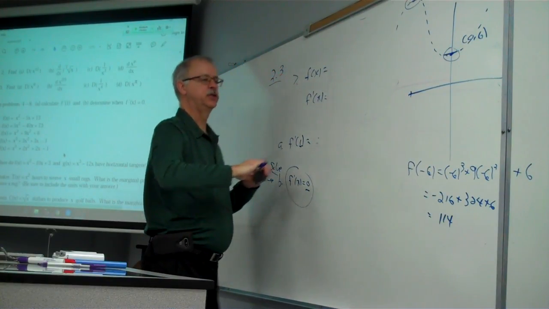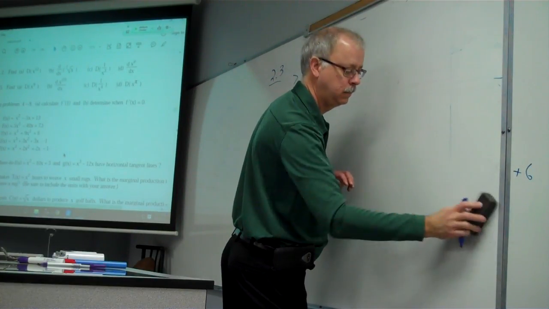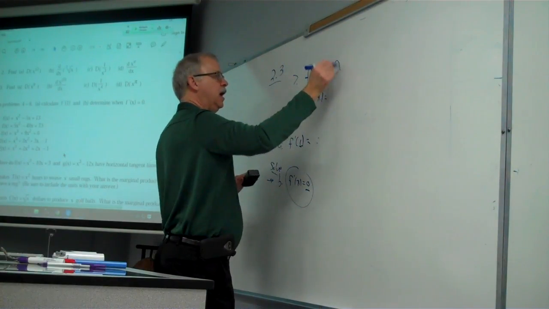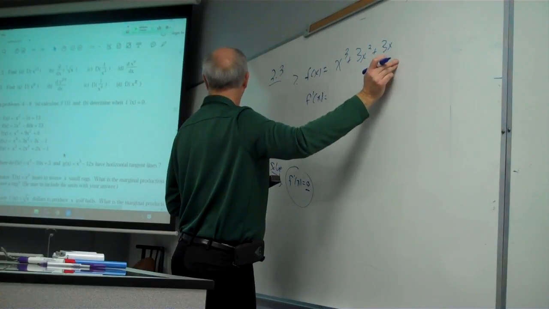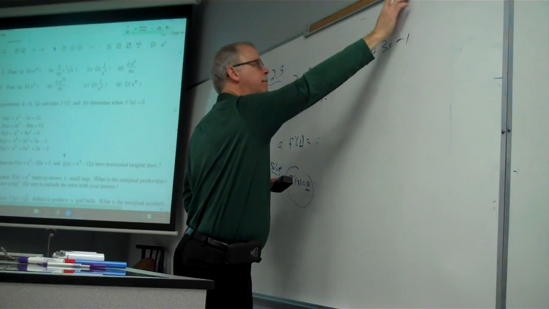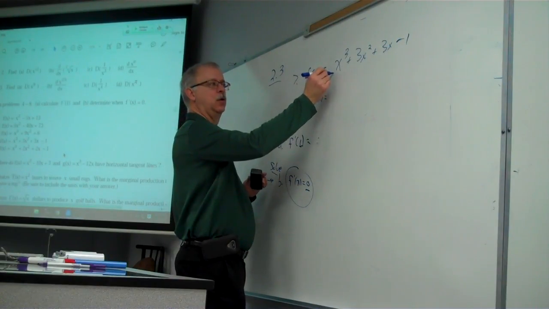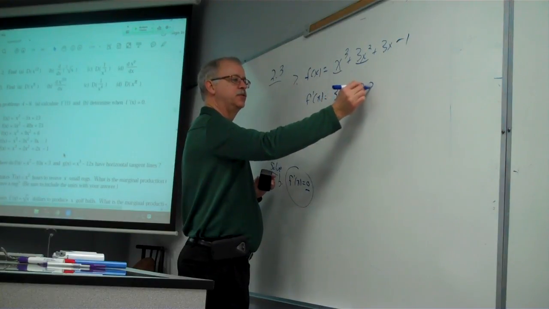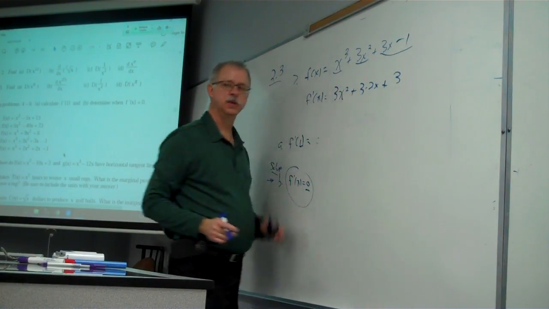So in 7, our function is x cubed plus 3x squared plus 3x minus 1. So the derivative: 3x squared, 3 times 2x, and then the linear is just the slope of the linear.